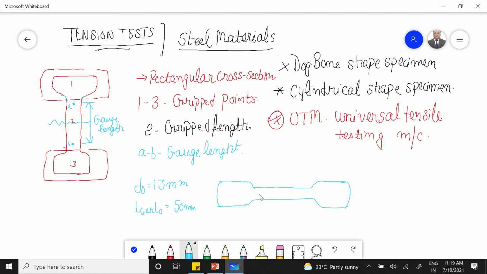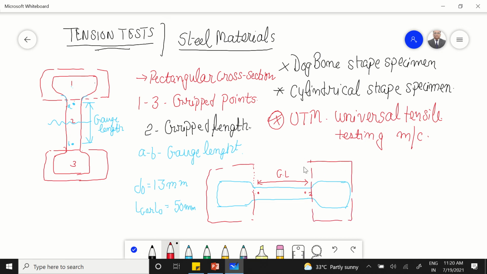If we name these 2 points, point number 1 and point number 2, this is your gauge length which will be used in evaluation of strain. GL stands for gauge length here, and the diameter of this cross section from point 1 to 2 is 13 millimeter. Now again, as we have discussed previously, these are the regions which go into the gripper of a machine.